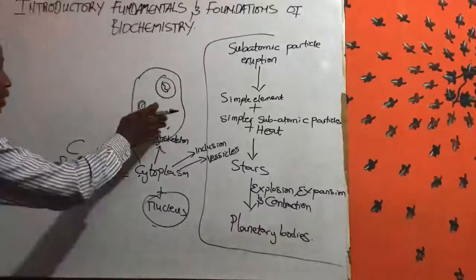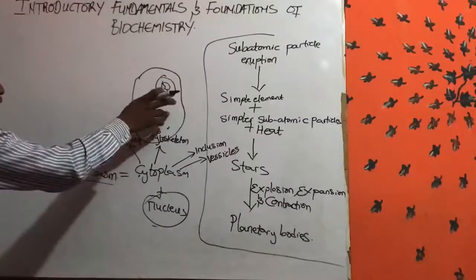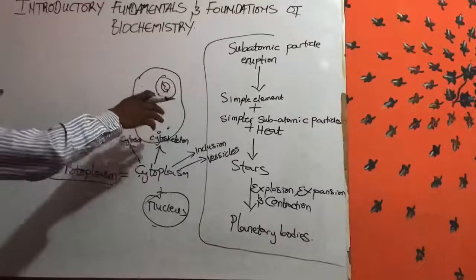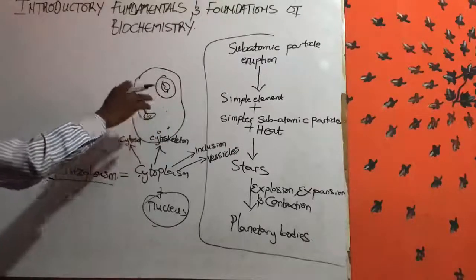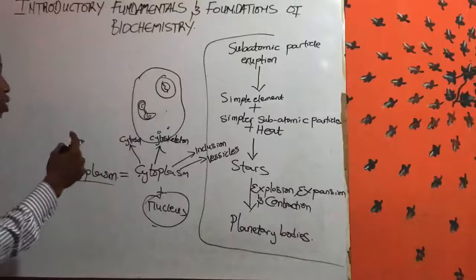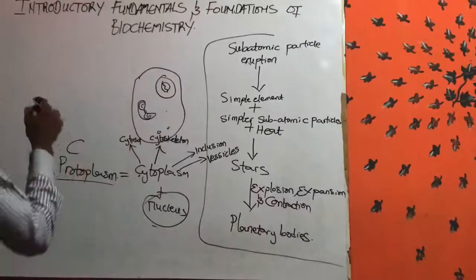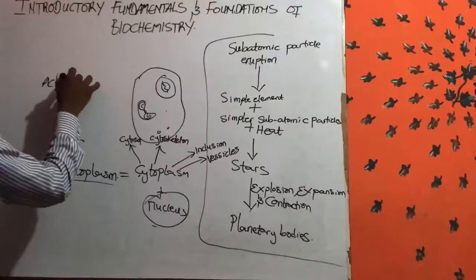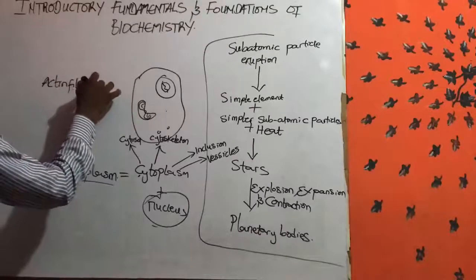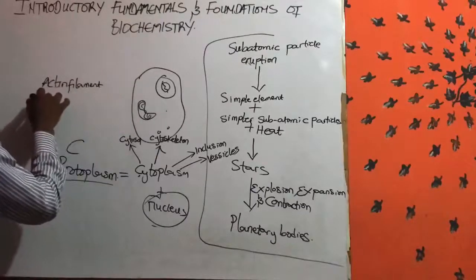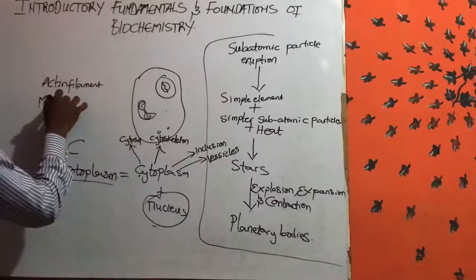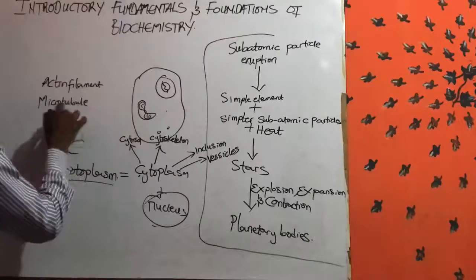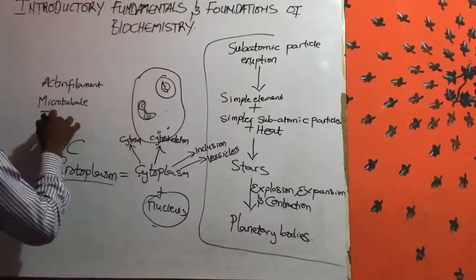This cytoskeleton helps in maintaining the orientation and the organization of the cell. They are composed of actin filaments, microtubules, and intermediate filaments.